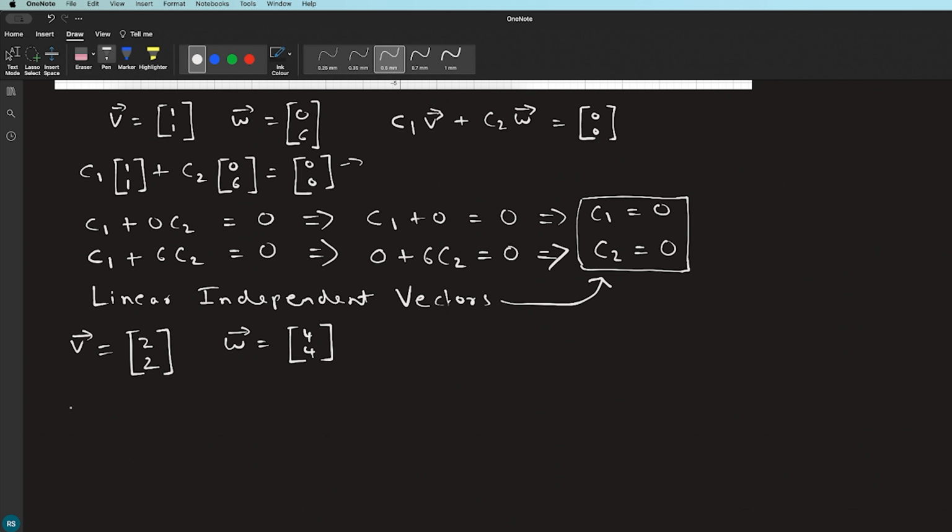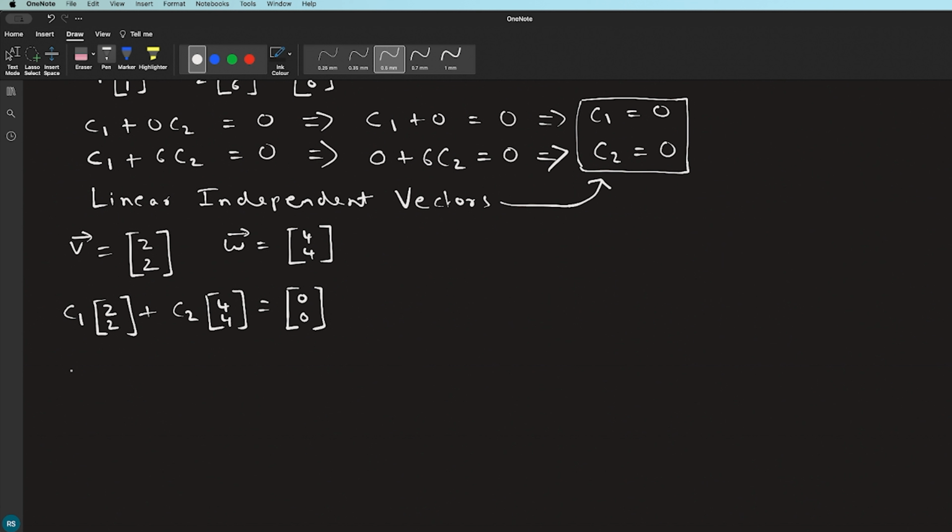So I am writing this equation as c1 into (2, 2) plus c2 into (4, 4) equals 0. Writing it again as 2c1 plus 4c2 equals 0, and the second one is 2c1 plus 4c2 equals 0.